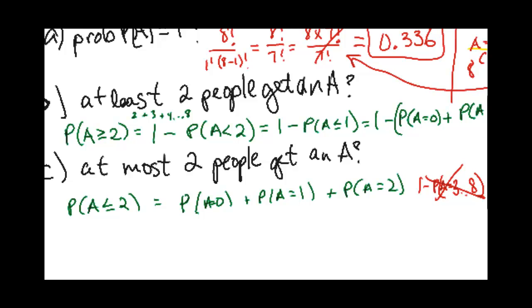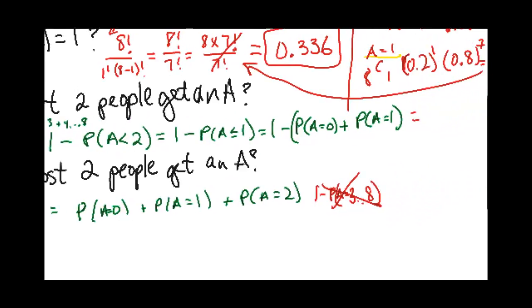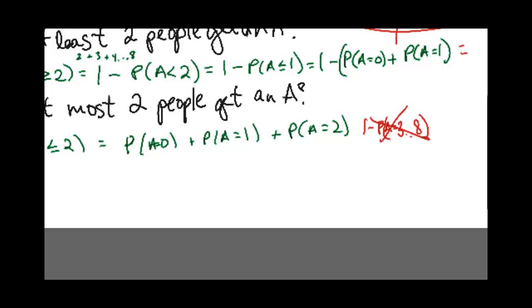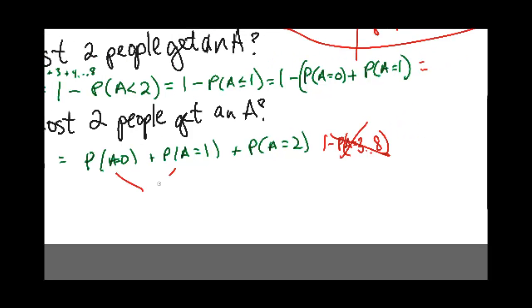So in this case, I've already done 0 and 1. It gave me 0.504 when I did these two values here. We did that a second ago, and I'll be somewhat awake and remember that I did that before.